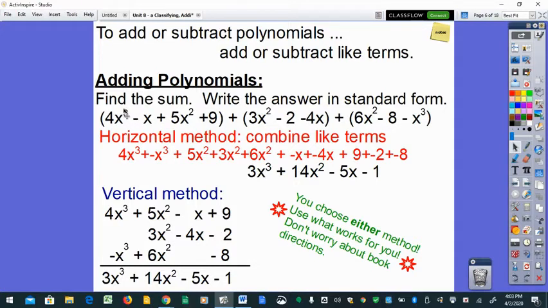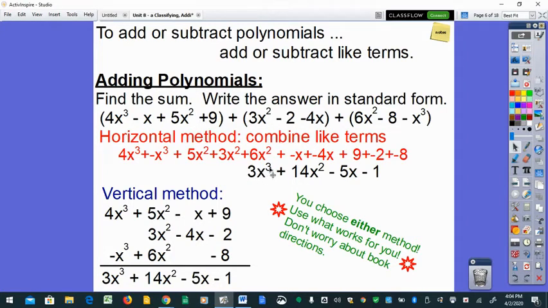I have 4x to the third here, and I'm looking for other x to the thirds, and you'll notice way to the back is a minus 1x to the third. So I have 4x to the thirds, take away the 1x to the third, which you can write as plus a negative x to the third, whichever you like. And if I have 4 and a negative 1, I'll have a coefficient of 3 x to the thirds.